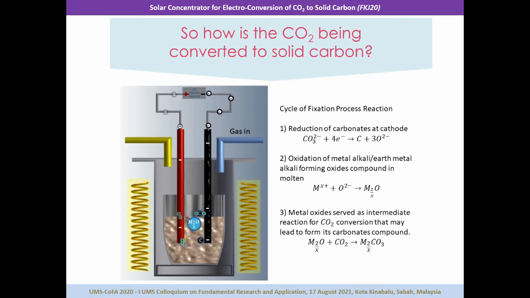Very often the carbon is deposited on the surface of the cathode. At the same time, the oxidation of alkali metal or alkaline earth metal forms oxide compounds in the molten salt, and the oxide compounds will react with the purged carbon dioxide to form a carbonate compound.